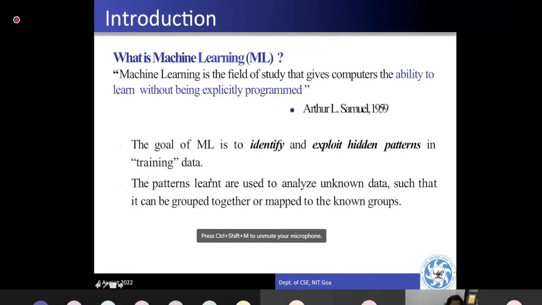So if your model is a good model, it can exploit all the possible hidden patterns, and then it is very much appreciable. The patterns learned are used to analyze unknown data, so that it can be grouped together or mapped. This is the more detailed point we are going to see.